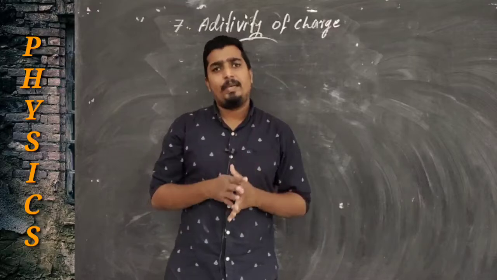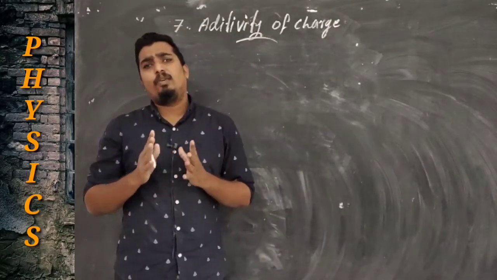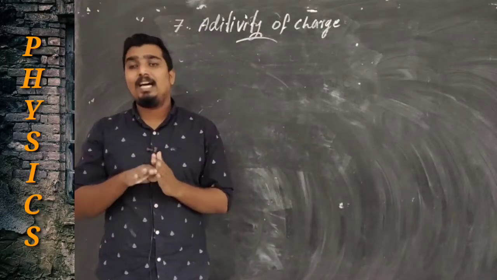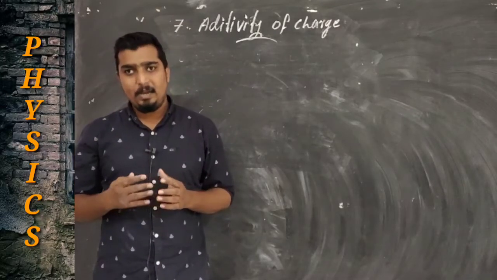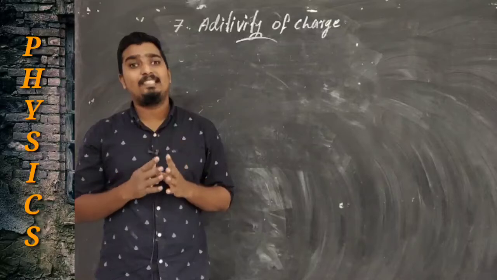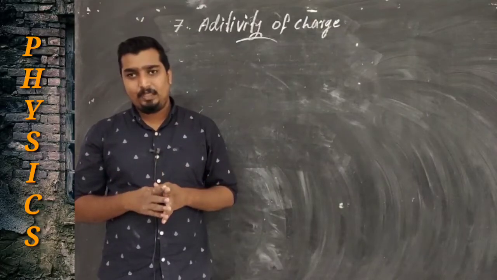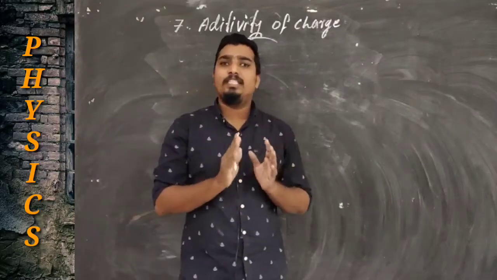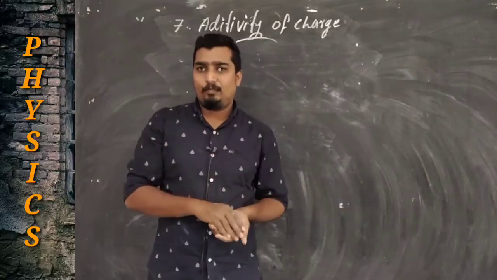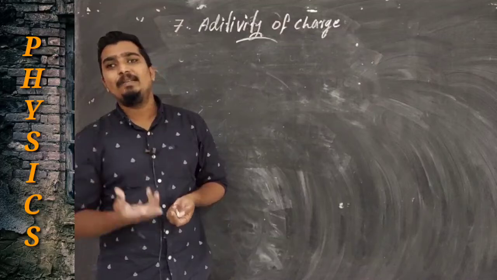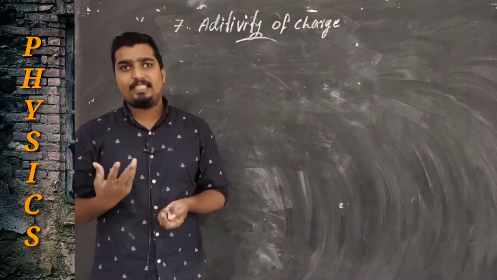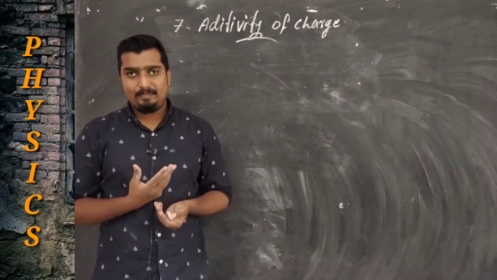The total charge on a surface is the algebraic sum of individual charges present on that surface.